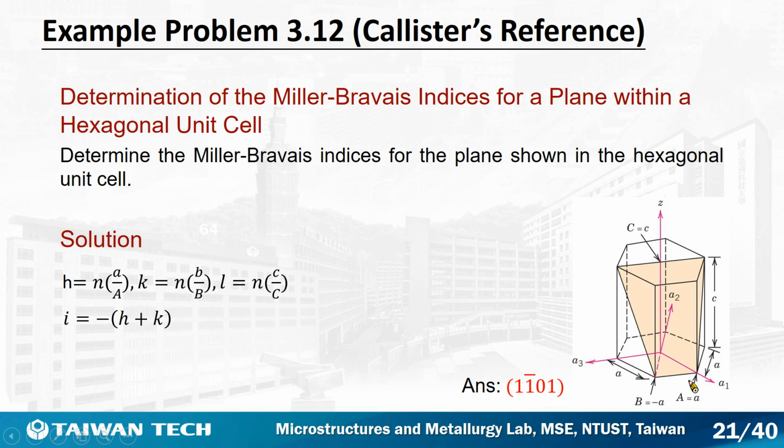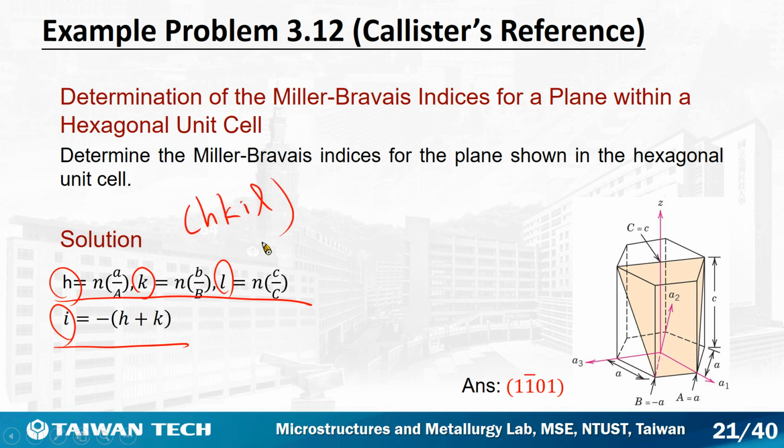And let's see this example problem. Determine the Miller-Bravais indices for the plane here. Okay, use these equations for H, K, and L. Use this one for I. So we can get H, K, I, L. First try to get H. Intersection 1. And for A2, intersection should be here, minus 1.